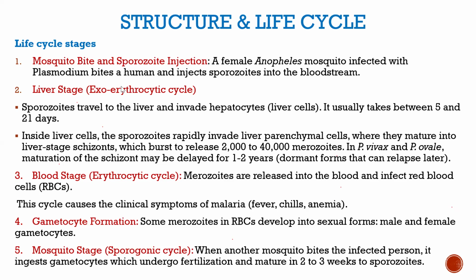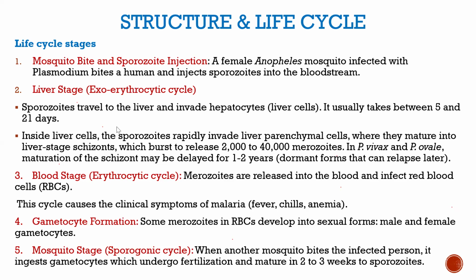So in the liver stage, the sporozoites travel to the liver and invade the liver cells called hepatocytes. This takes between 5 to 21 days. Inside the liver, these sporozoites rapidly invade the liver cells where they mature into liver stage schizonts, which burst to release 2,000 to 40,000 merozoites.